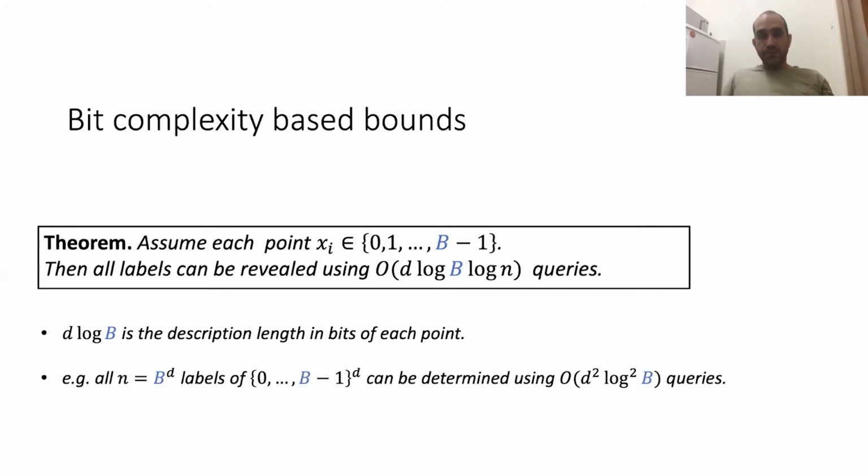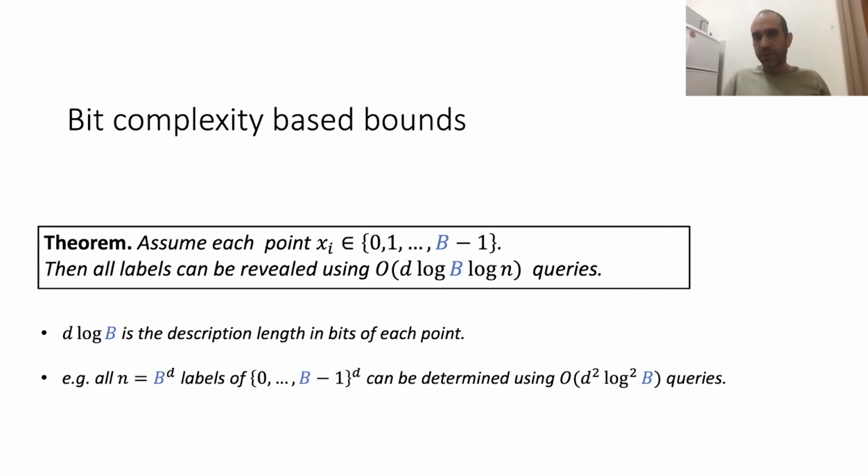And now here is a comment which is related to the K-sum problem, or to subset sum, if you will. Imagine that the n points are all the points in this cube, all possible integral vectors with coefficients between 0 and b minus 1.